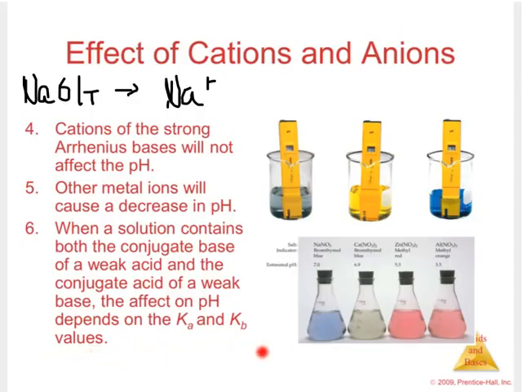Is it going to be more alkaline or basic, or is it going to be more acidic? Well, it depends on the magnitude of the Ka or Kb values. If the Kb value is greater than the Ka value, then the solution is going to be basic. And the opposite is true too. If the Ka is greater than the Kb, then the solution is going to be acidic.